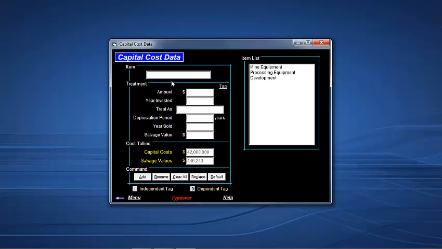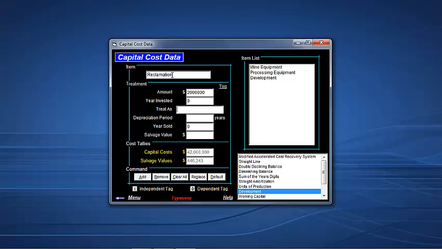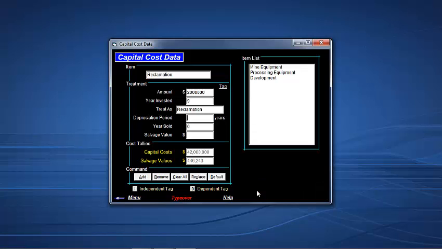We'll add that to our analysis, and let's put in some reclamation cost. At the end of our project, year 9, we'll treat those as reclamation costs and add that into the analysis.